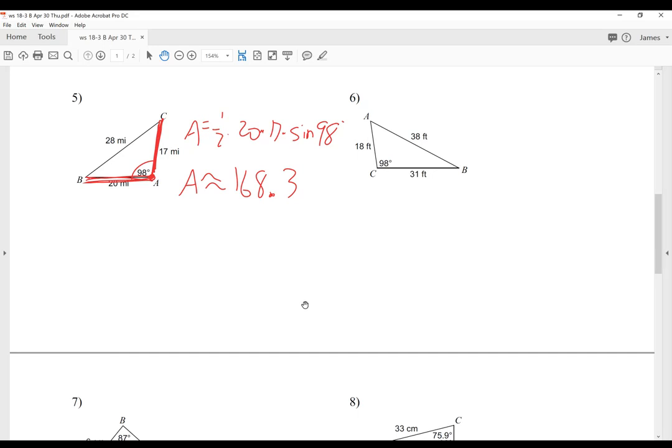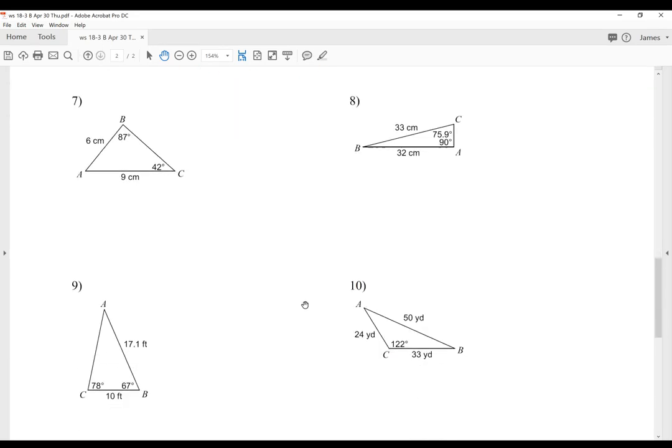Okay, and then the last type, this is different. You must use the angle between the two sides. The two sides are 6 and 9, and I don't have any angle between those two.